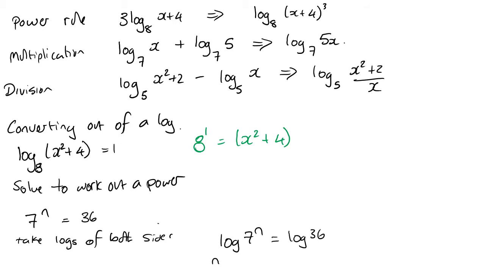Then using the power rule, n log 7 equals log 36. And then n equals log 36 over log 7. And then you'd work out the answer.